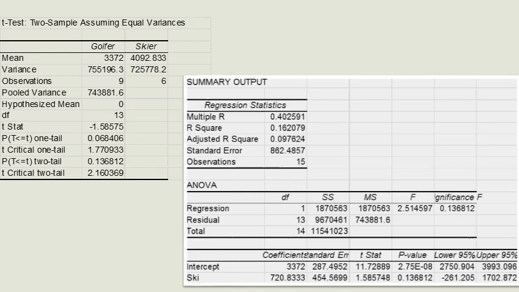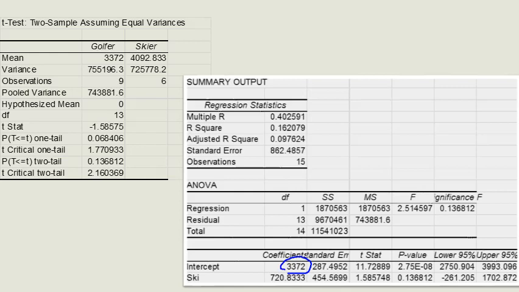But there is important information in the regression coefficients as well. The indicator variable can only equal 0 or 1, and it equals 0 for golf holidays. Therefore, the expected money spent on golf holidays is the intercept.